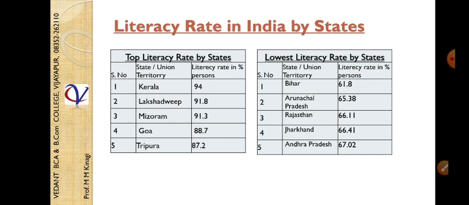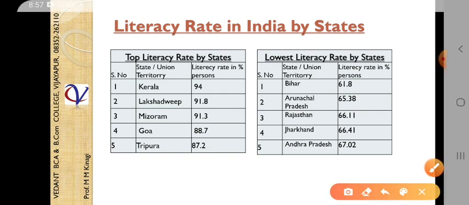I'm repeating, literacy is nothing but educated people. So in Bihar only 61.8% of people are educated. Arunachal Pradesh is 65.38, Rajasthan 66.11, Jharkhand 66.41, Andhra Pradesh 67.02%. So this is the top literacy rate and these are the lowest literacy rates.